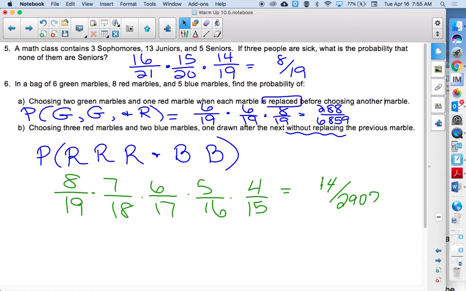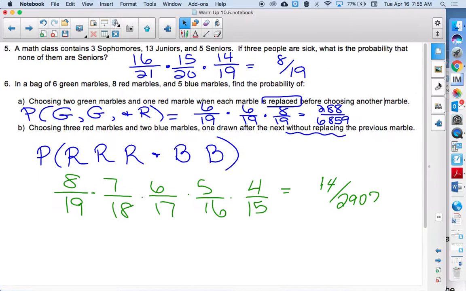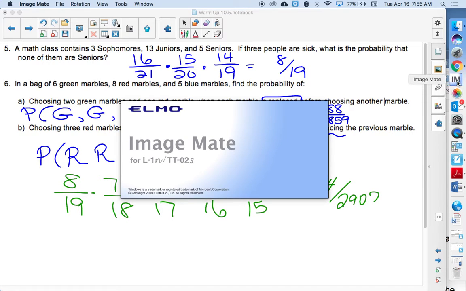So let's look at the multiplication worksheet. That was the one you got on Friday. Just looking at the first problem, a manager can identify employee theft by checking samples of shipments.